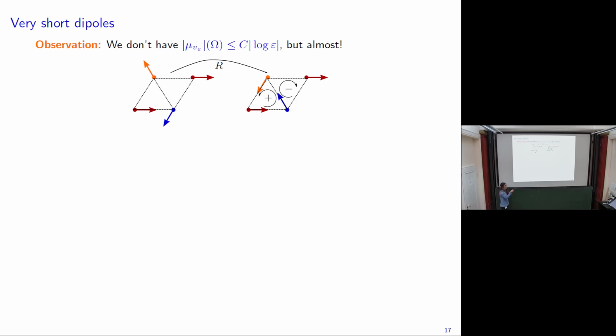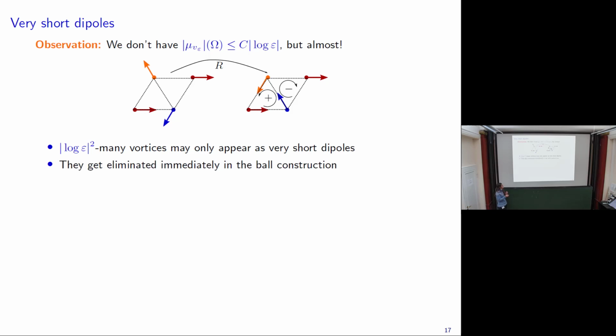Let's say you get plus vorticity in one triangle and minus vorticity in the other triangle. So as a take-home message, the log epsilon squared many vortices, which seem to be bad, actually appear only as very short dipoles, and they get killed instantaneously in the ball construction. And then you're in business, and you can more or less apply the ball construction as you're used to do.